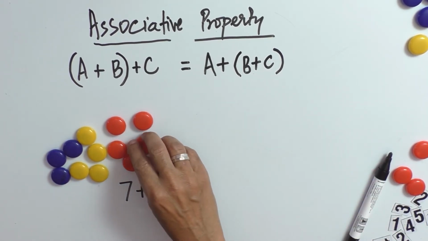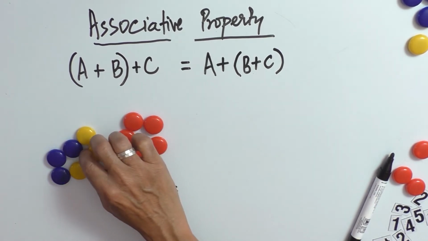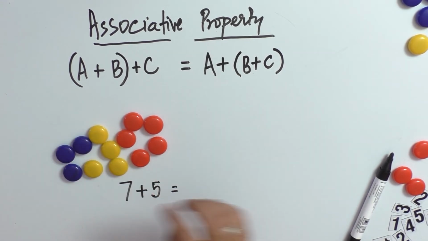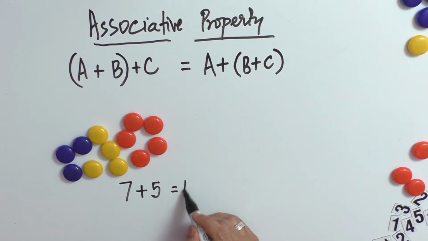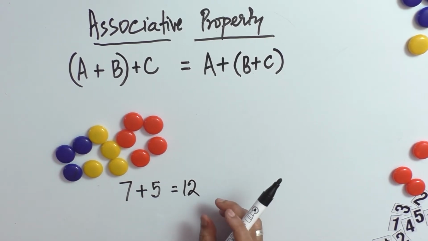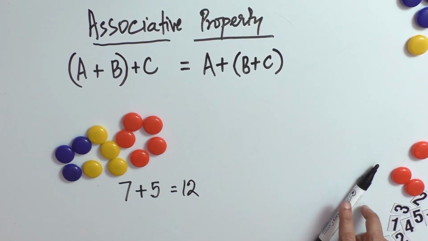Now count 1, 2, 3, 4, 5, 6, 7, 8, 9, 10, 11, 12. So we got 12. So that means A plus B added first, then adding that collective value with the C, we have a total value of 12.